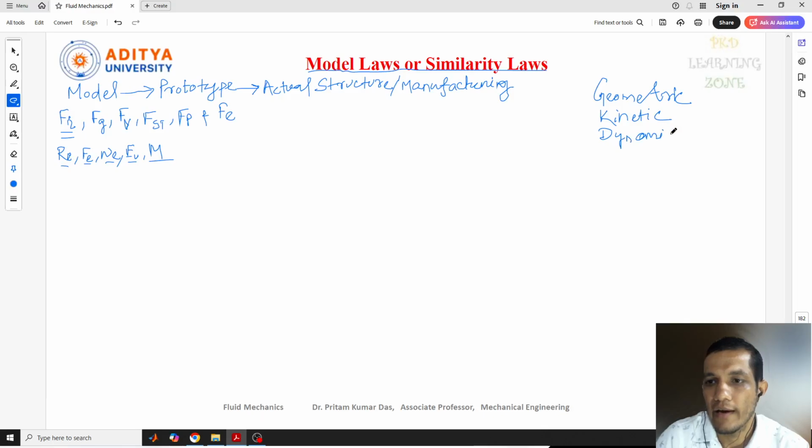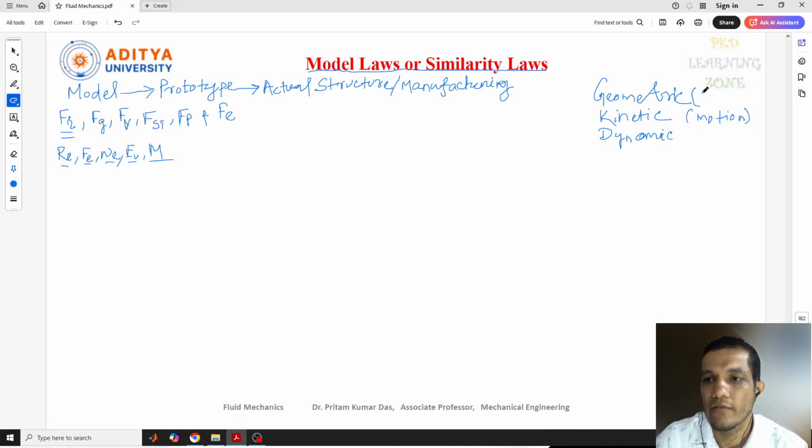In the geometric quantities, we discussed only the length, or dimensions in terms of linear dimensions. In kinetic, we discussed the motions of fluid.